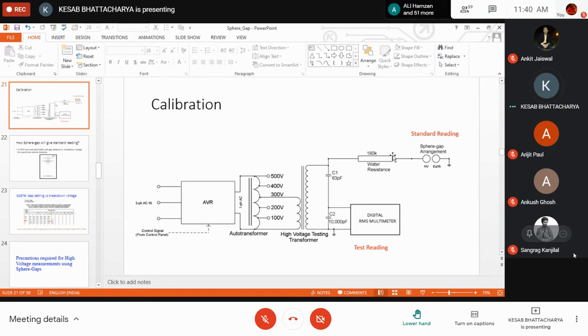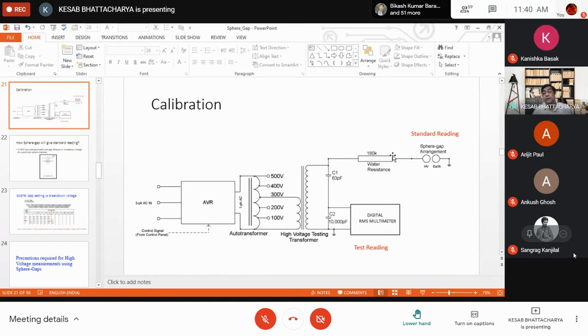Now, if we use the same material for manufacturing a 180 kilo ohm resistance, the size of the resistance will be huge and may not be accommodated in our high voltage laboratory itself. That is why we had to go for distilled water, and we used an adequate amount of salt and impurity so that the ohmic value can be controlled. Is the point clear? Why water resistance? Why water actually? Is the point clear? Yes, sir.